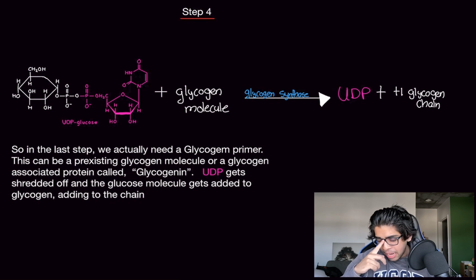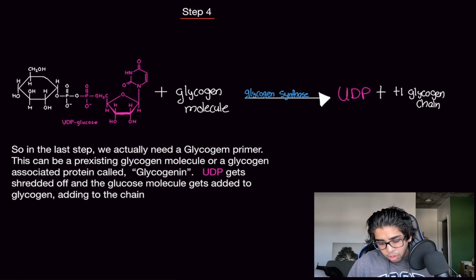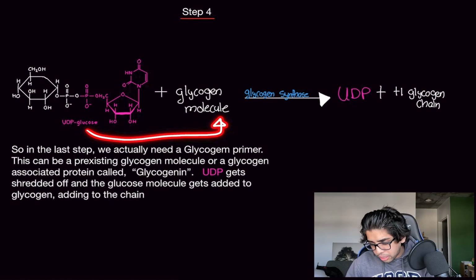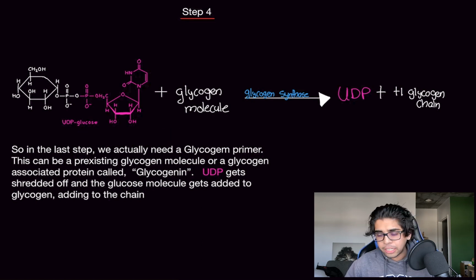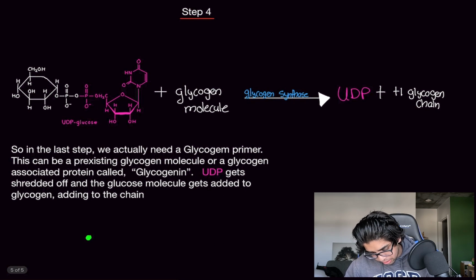So what's going to happen is we're going to use the enzyme glycogen synthase, and the UDP that's attached to the glucose will shred off. It's going to leave, okay? And so the glucose will join onto the glycogen molecule, and we're going to create +1 on the glycogen chain. So let me draw it out for you. Here we have, say, the glycogen molecule that already exists, right?